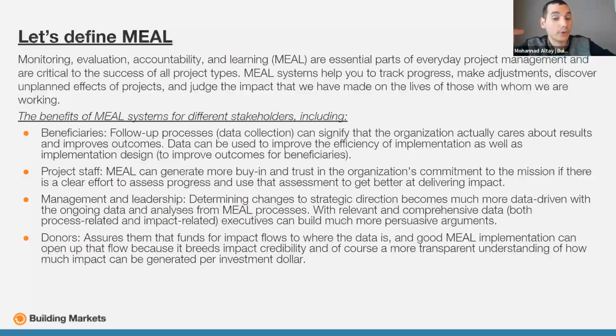Everything becomes more transparent to them, and it helps their understanding of how much impact we are generating per investment dollar. And this is in brief why the MEAL is important.